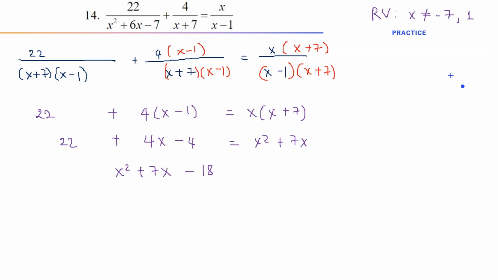And also we have 4x on the left hand side. Now we subtract 4x both sides, right? So we come up with x squared plus 3x minus 18 equals 0.